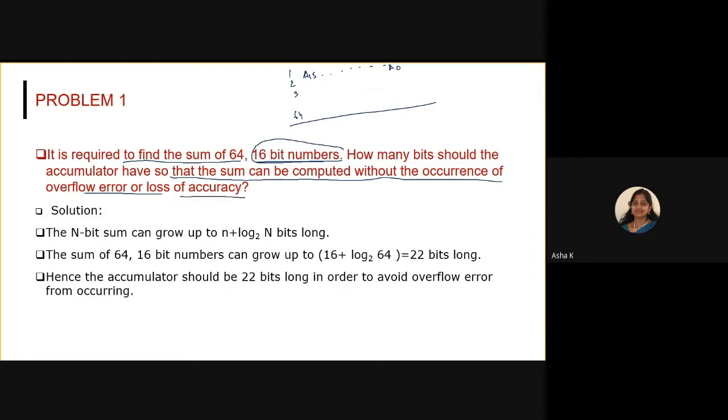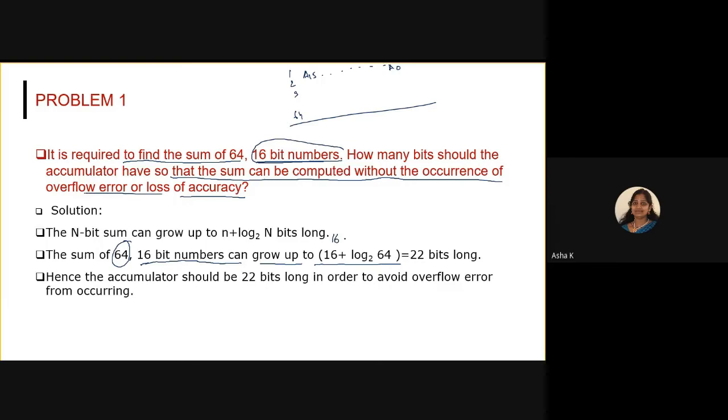Here, if I have N numbers of n bits each, the sum can grow up to n plus log N bits. For the sum of 64 numbers, each having 16 bits, the sum can grow up to 16 plus log 64 base 2.